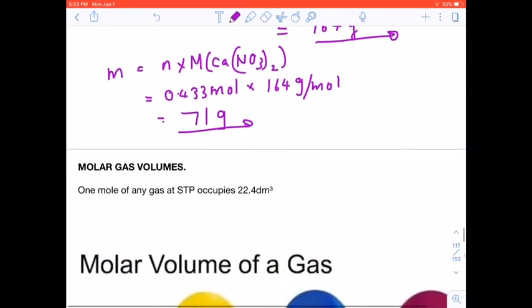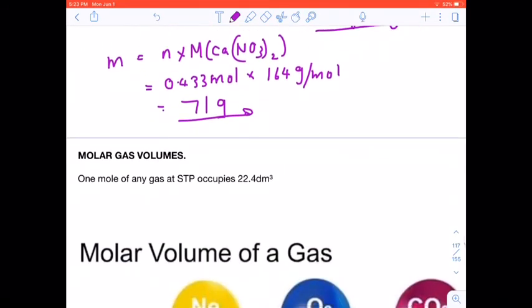Now we go on to molar gas volumes. 1 mole of any gas at STP, I drew your attention to this in the data sheet, occupies 22.4 decimeter cubed.